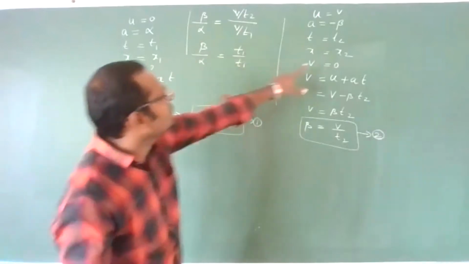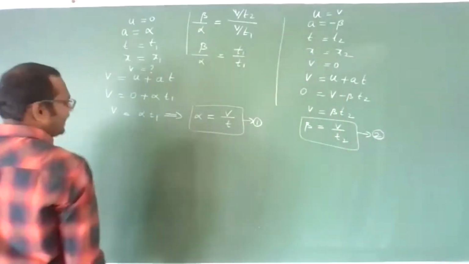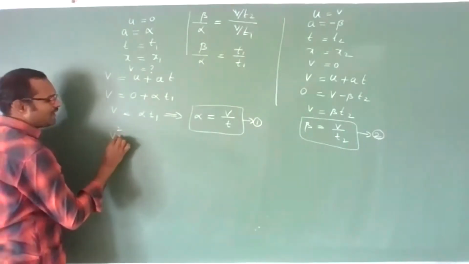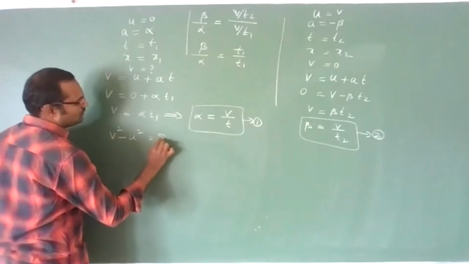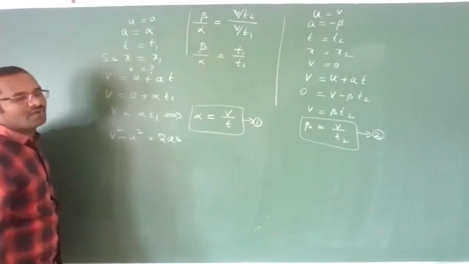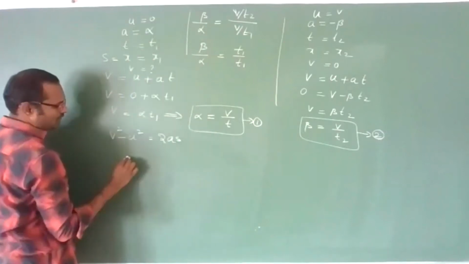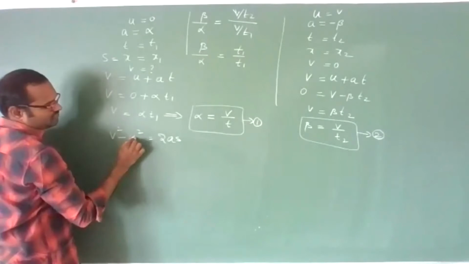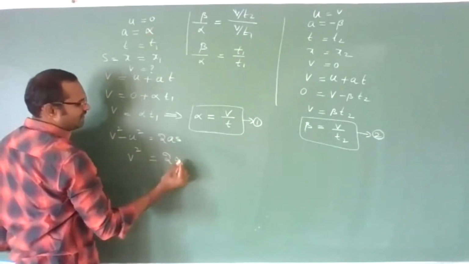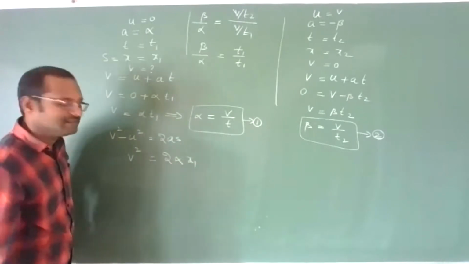For that I use another equation, v square minus u square is equal to 2as. The initial velocity is 0 and the final velocity is v, so v square is equal to 2 into alpha into x1.